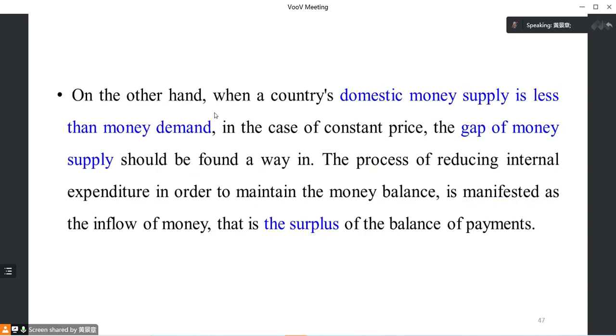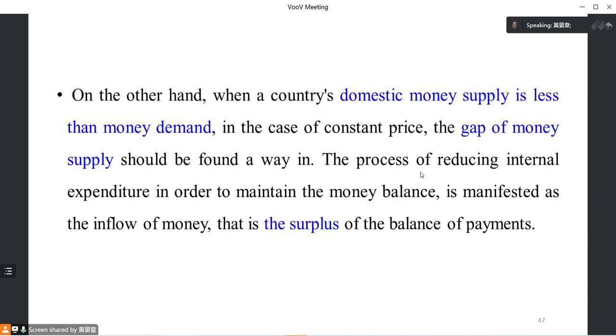On the other hand, when a country's domestic money supply is less than money demand, in the case of a constant price, the gap of money supply should be filled.